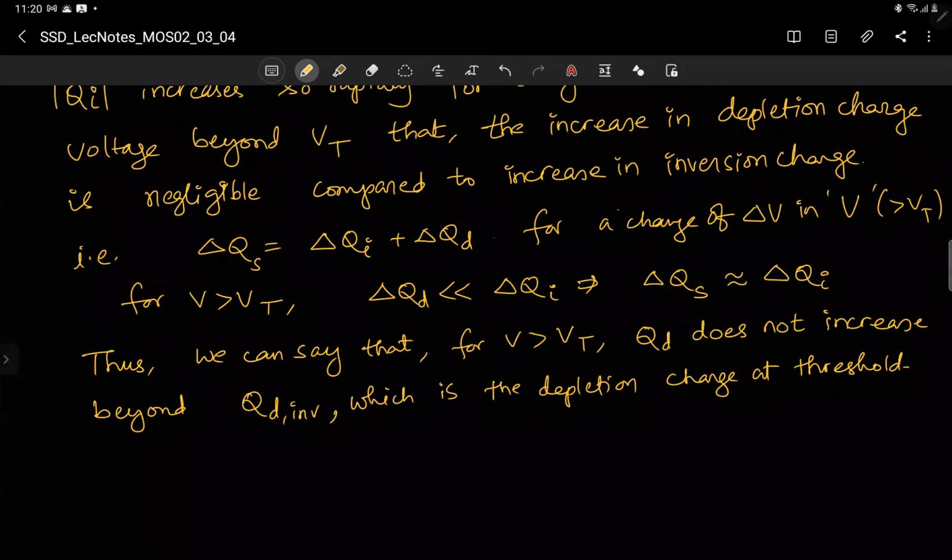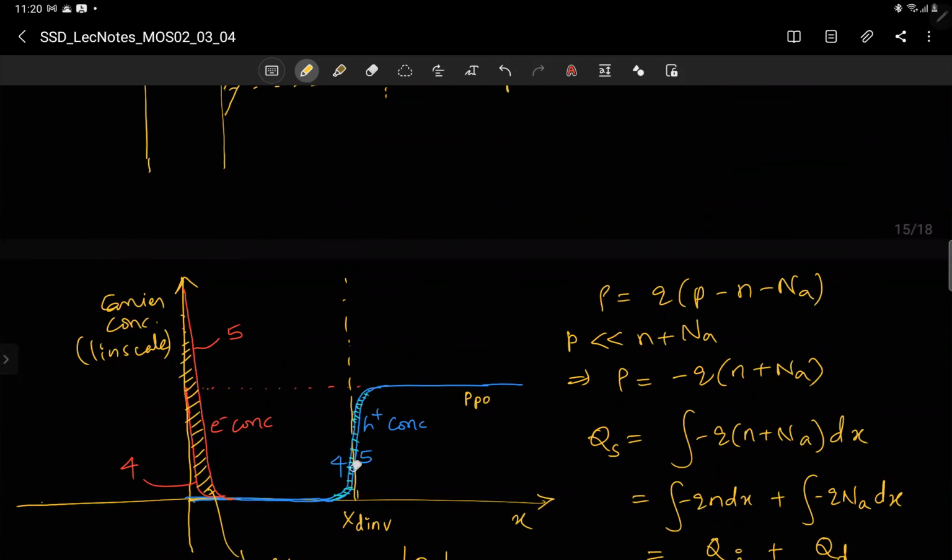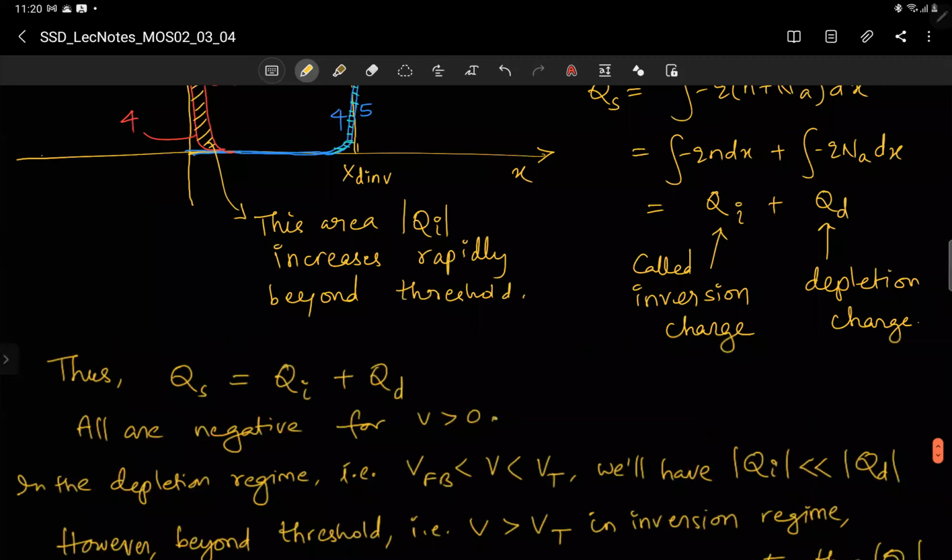What we are trying to say is that this line, what we showed as 4 and 5, are so close to each other that the whole area, that is this rectangle area, is not going to change much if you shift this line to the right a little bit for V greater than VT. So the depletion charge is not going to increase beyond the charge at inversion or threshold voltage.